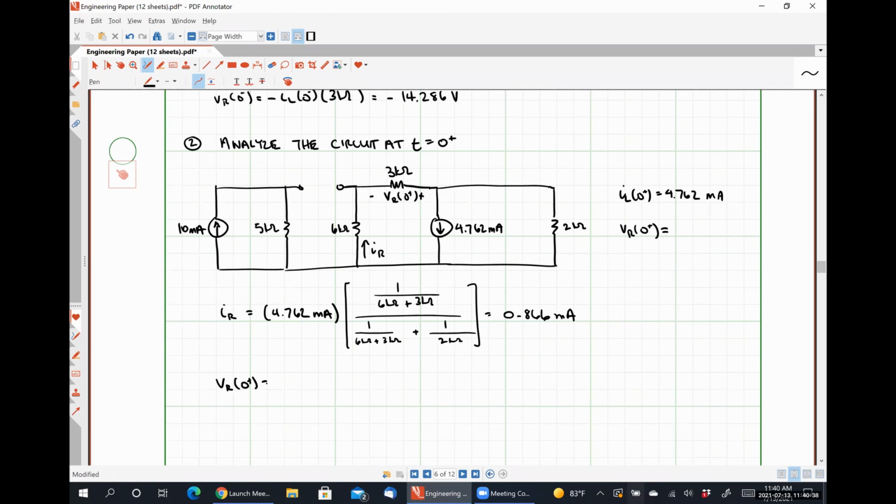And from this, VR at 0 plus must be negative IR, because the current is flowing into the negative polarity terminal, times 3 kilo ohms, which gives me negative 2.597 volts.